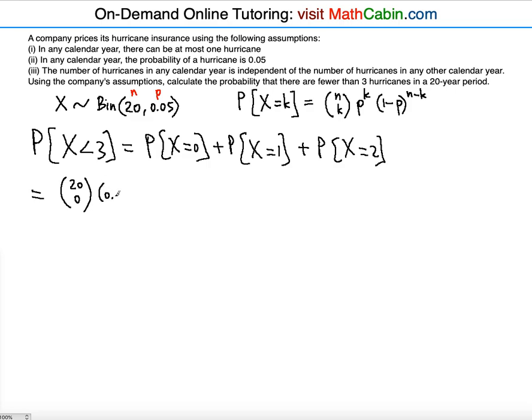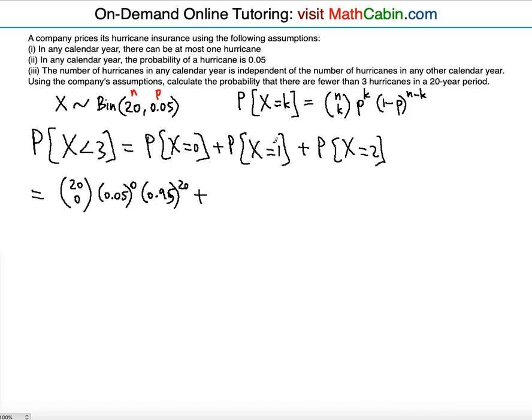So that's 0.05 raised to the 0th power, according to the probability function, that's the k value, and 0.95, the 1 minus p, since 1 minus 0.05 is 0.95, raised to 20 minus 0, which is 20.